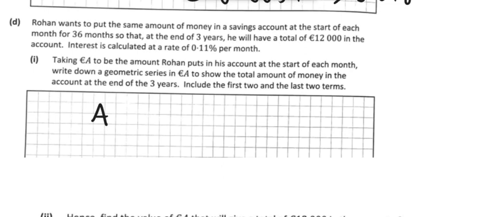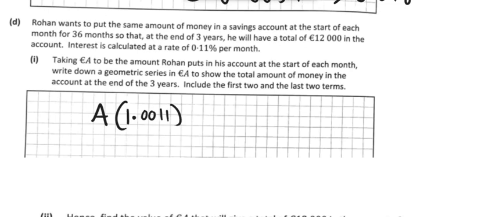Yeah, it's a geometric series, right? So it'll be A. Okay, so the amount that he will make over the whole 36 months with this much for the first month is 1.0011. So it's 1 plus 0.0011.